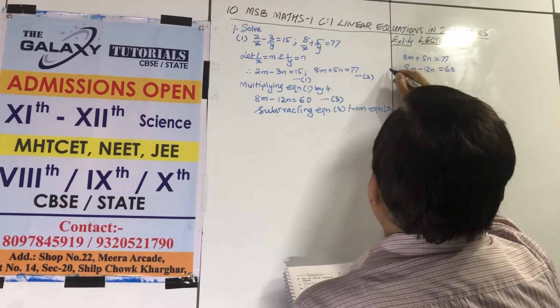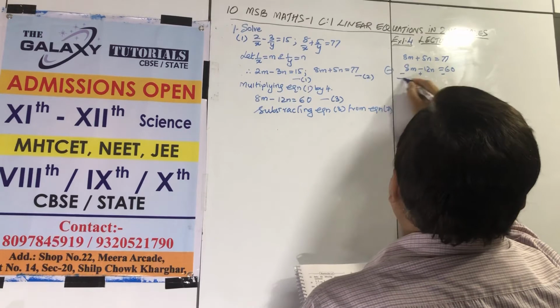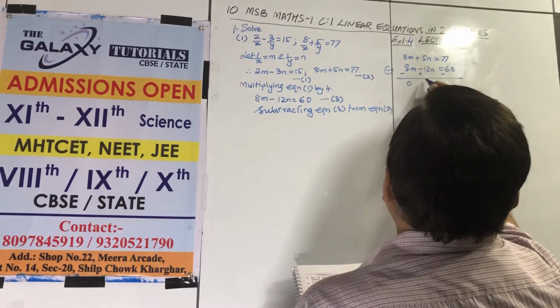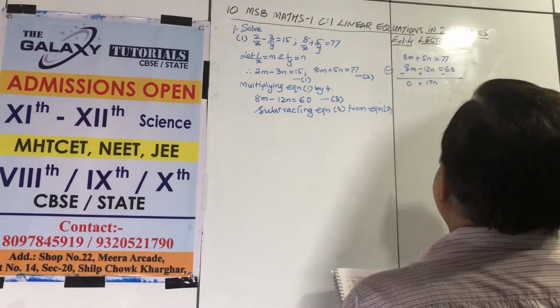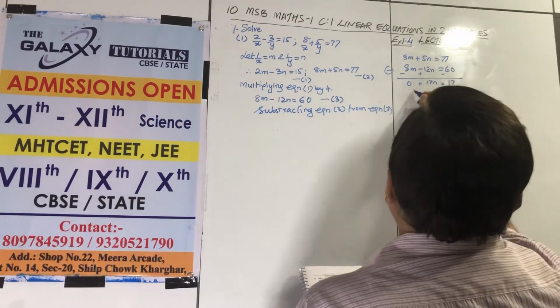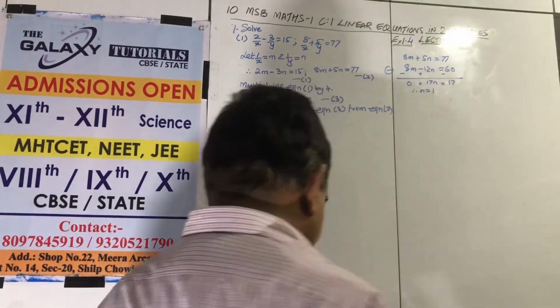We have to subtract, change the sign and add. This and this cancel and I will get, as you can see, 17n and I will get 17. Therefore, n is equal to 1. Yes, my friends?